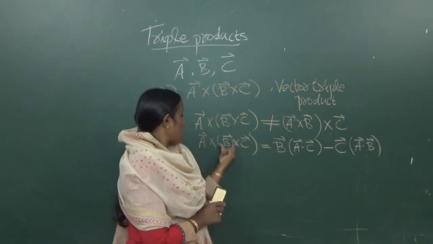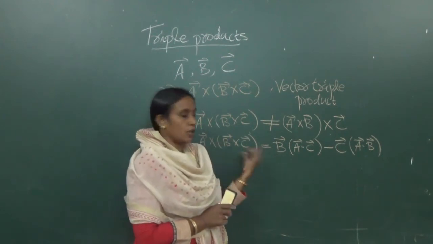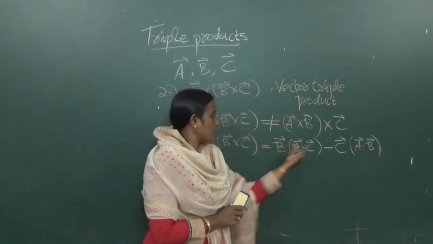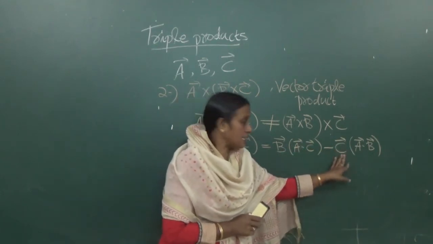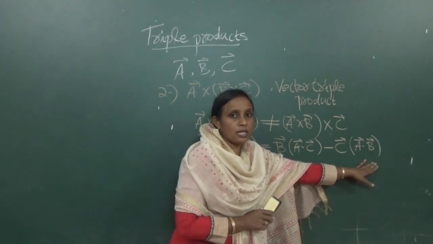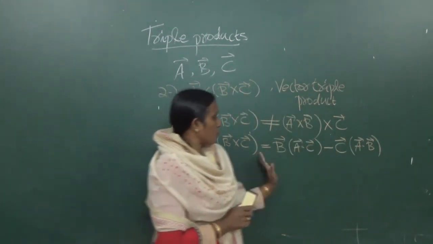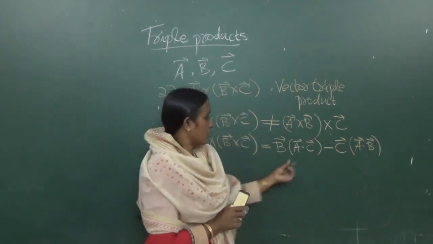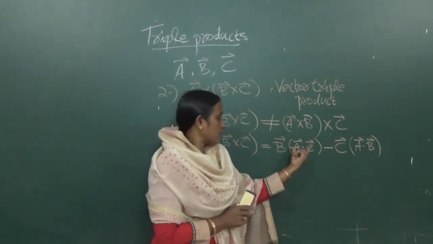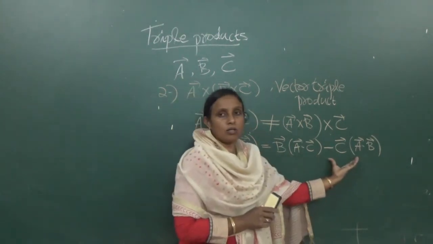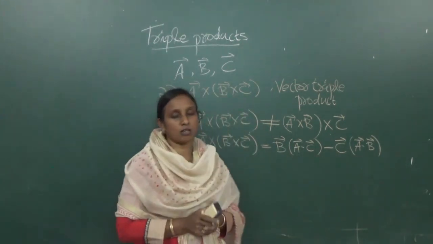So, vector A cross (B cross C) gives you BAC minus CAB: B times (A dot C) minus C times (A dot B). Remember, the resultant of this is a vector. If you expand it, it is also a vector. This term is a scalar, but this scalar is multiplied with a vector, so overall it gives you a vector quantity.